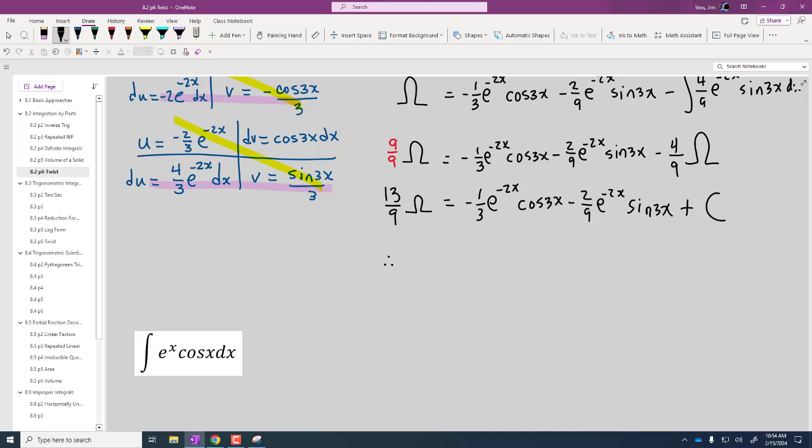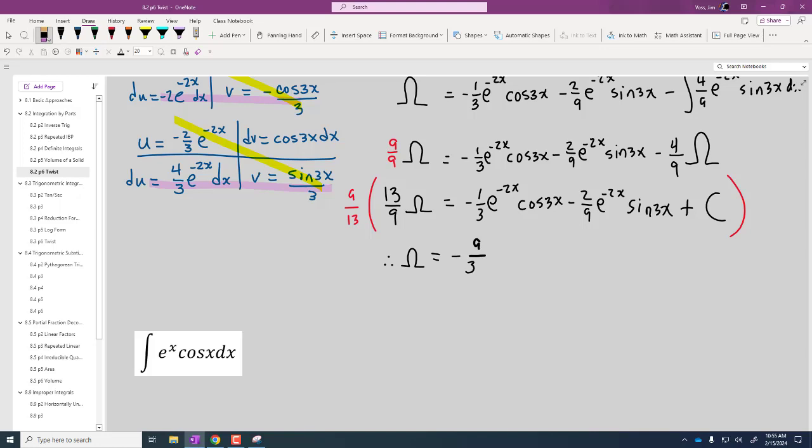So therefore, omega is equal to, we're going to multiply both sides by 9/13. So this is going to be 9/39, or 3/13. Oh yeah, there's a common factor of 3.